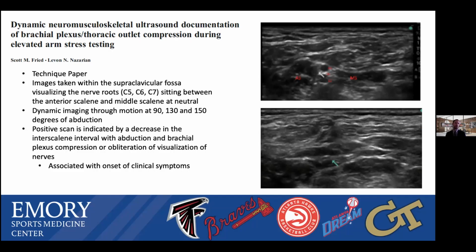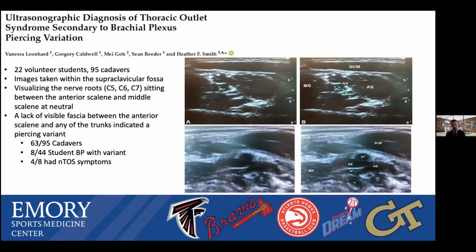They correlated this with patients' symptoms if they had any reproduction of their symptoms. What they found is that you see a collapse of that stoplight-looking appearance of the trunks in hyperabduction, and that's what they described as a positive scan. And this is a good way to educate patients about what's happening, if you can see this occurring, as an adjunct for diagnostics.